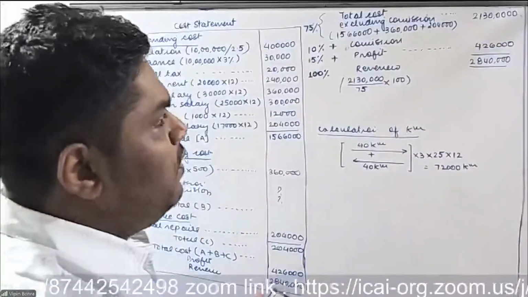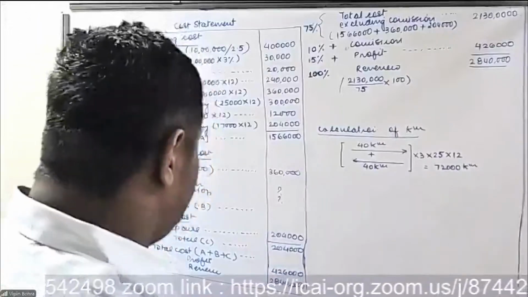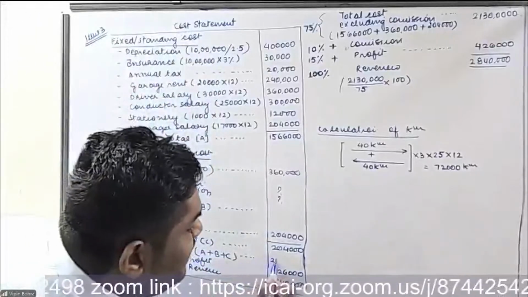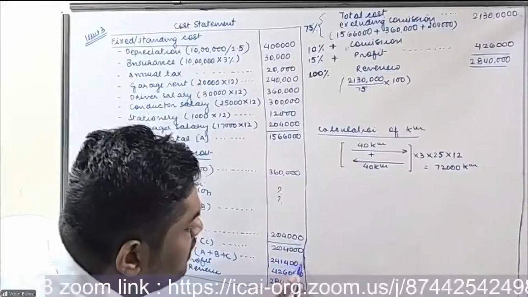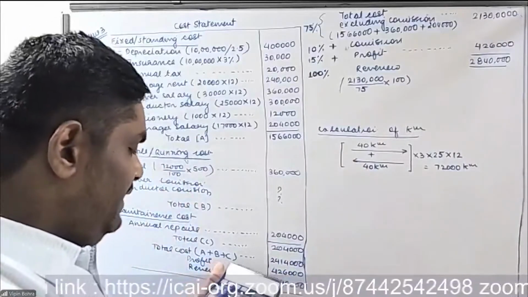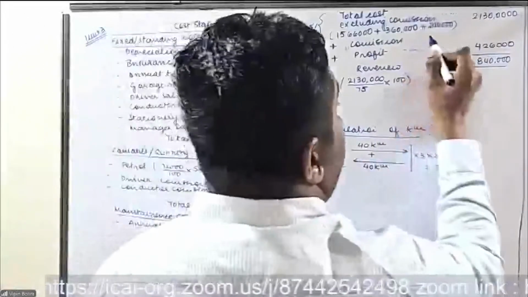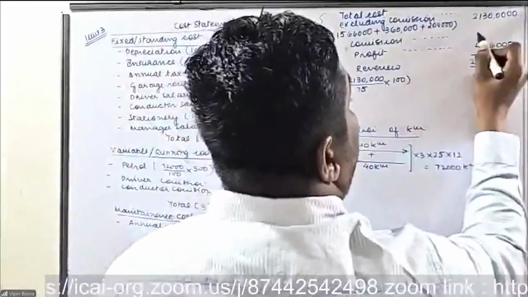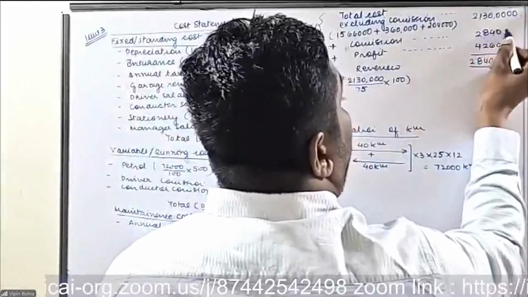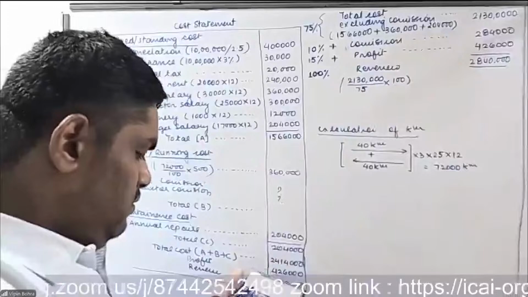So my remaining cost will be 24,14,000. So my total cost will be 24,14,000. Further, commission will be 28,40,000 into 10%, that is 2,84,000. This is to be shared by driver and conductor equally.